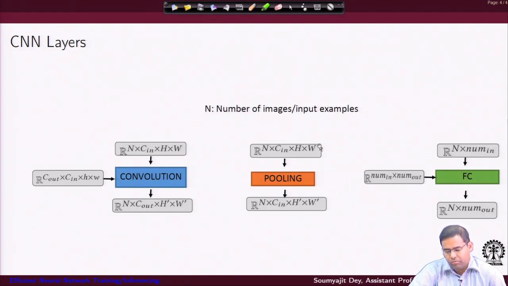So, the H's and W's are going to change to H primes and W primes, whereas the other things remain the same, right. And then I have the fully connected layer. In the fully connected layer I have the weights and the input transformed image, and finally it gets reduced to a linear array full of different class members, right.